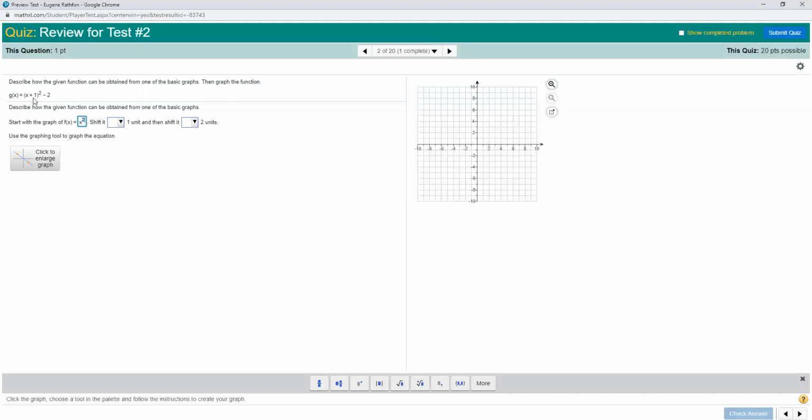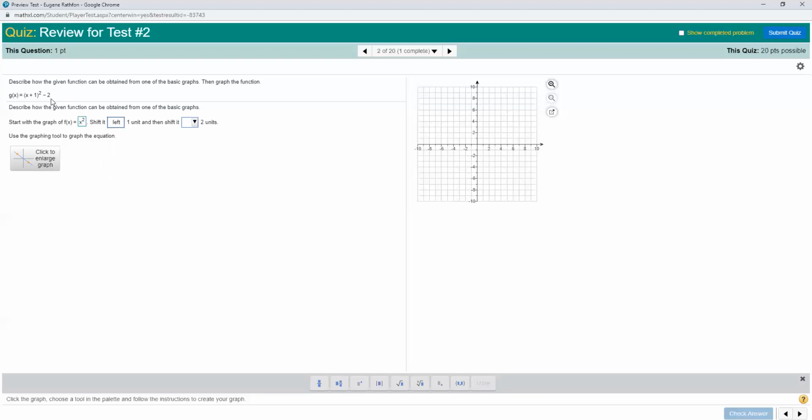Anytime the number is inside the parentheses with the x, that's going to go left or right. When it's positive, it goes left. When it's negative, it's going to go right. So when you click on this, since the 1 was positive, this is going to go left 1 unit. And then where the 2 is at the end, this 2 is negative.